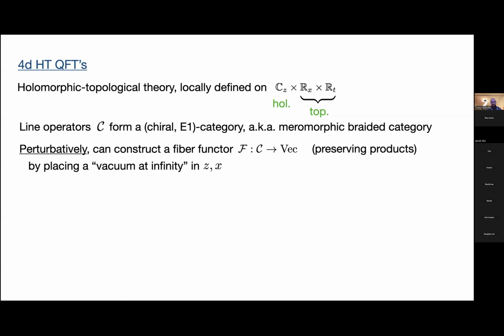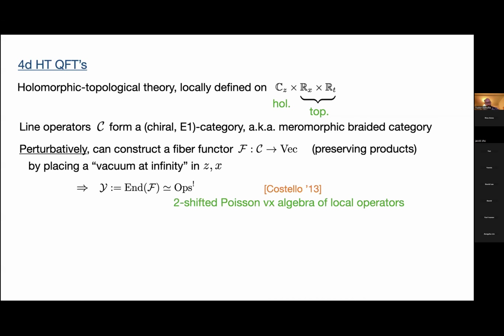Placing vacuum at infinity. There's more. One way that these categories have been represented is how Costello came up with this construction of the Yangian in 4D Chern-Simons, which was done perturbatively, where Koszul dualities can be harnessed, and there's a construction that lands you on representing by the Koszul dual of local operators.